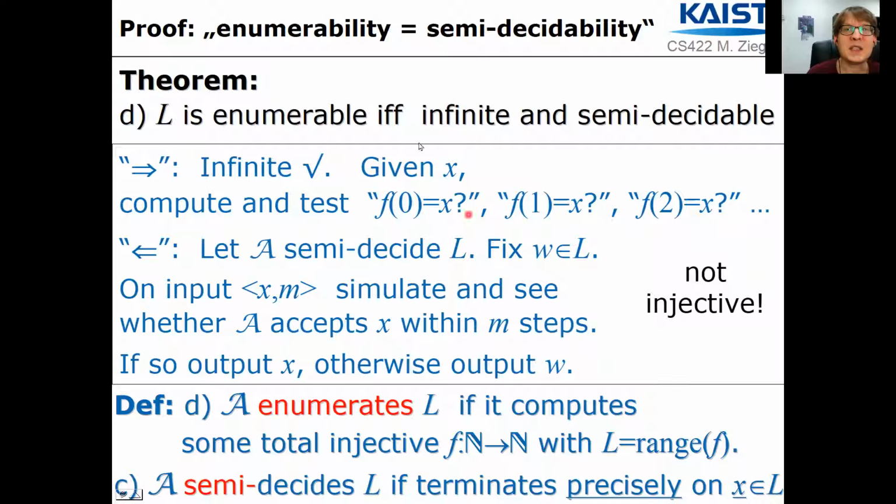But since the set is infinite, eventually a new element will occur and will be output, so that indeed our new algorithm C again calculates a total function which we have just prepared to satisfy injectivity. So that concludes the proof of item D of our theorem. Indeed, enumerability, which means output, output, output, is the same as infinite and semi-decidable, which means input and either answer yes or not answer at all.